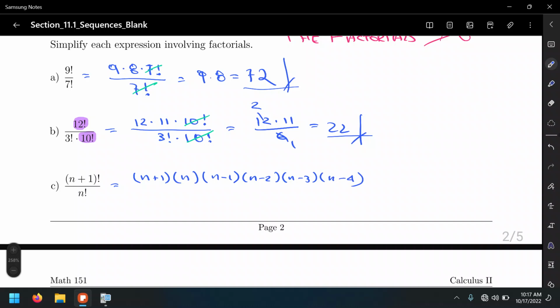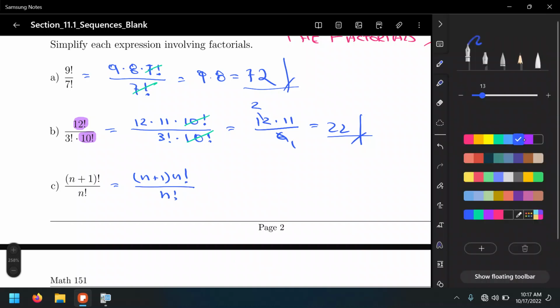But wait a minute, I don't need to do all this many factorials, because check this out. When we expand the first, we end up with n factorial, which matches with the n factorial in the denominator, and we can simply cancel these n factorials, and n plus 1 is going to be our final answer.